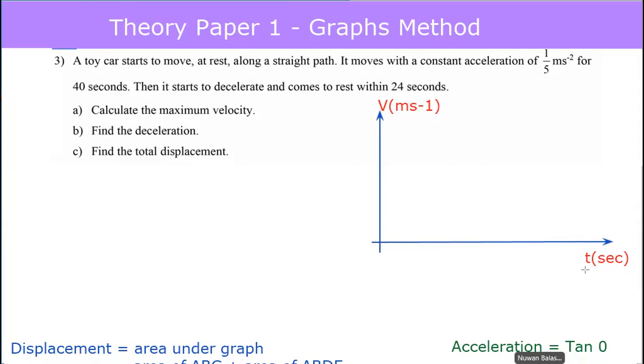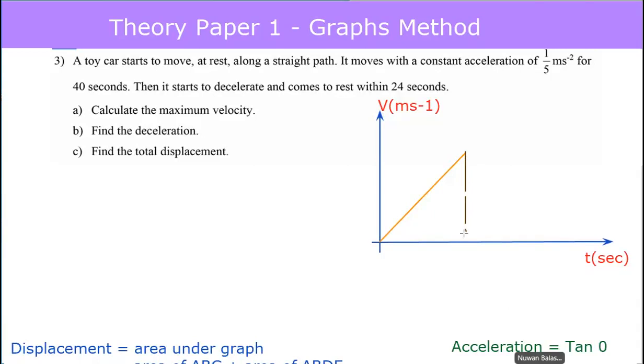After that, let me mark the two different time durations. A toy car starts to move at rest along a straight path. It moves with a constant acceleration of 1/5. So initially, the car has a constant acceleration starting from 0, right? Then the time duration. It's better if you use a dotted line, but it will be difficult for me to mark dotted lines, so I'll try to draw at least 3 dots.